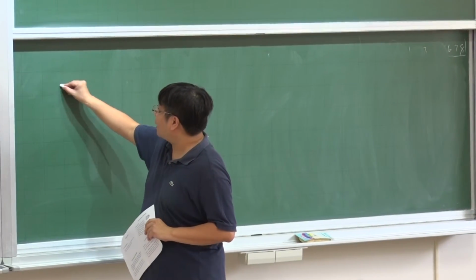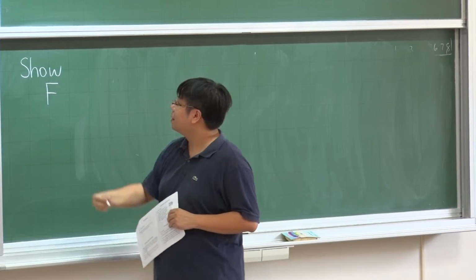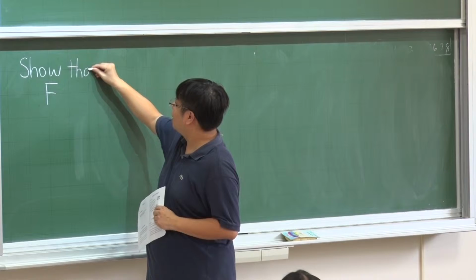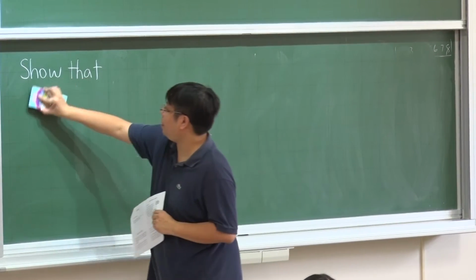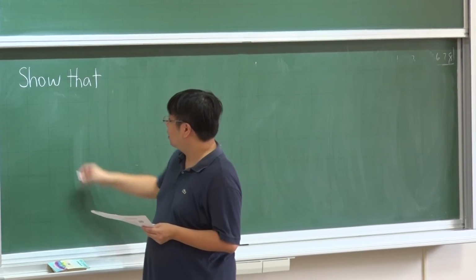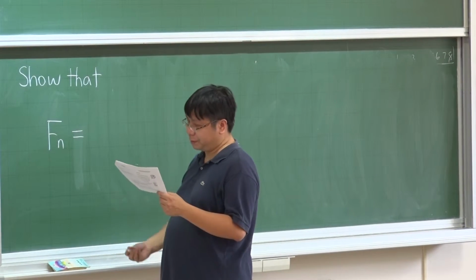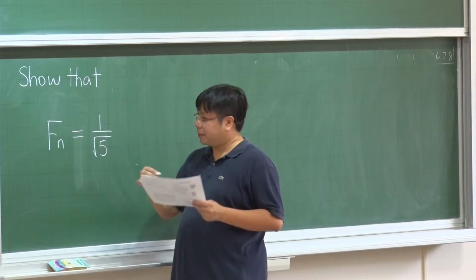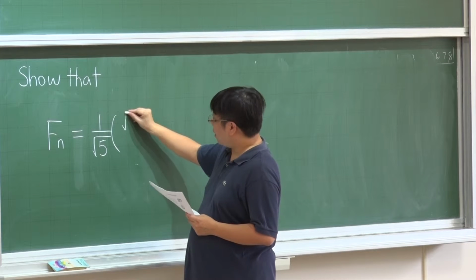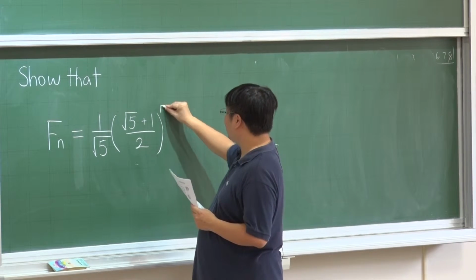We claim that f of n is equal to 1 over square root 5 times (square root 5 plus 1 divided by 2) to the power n plus 1.